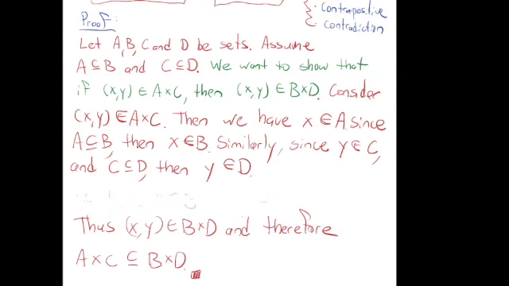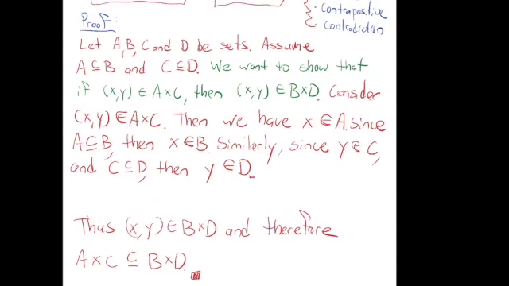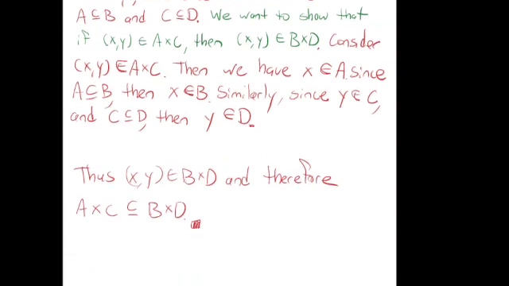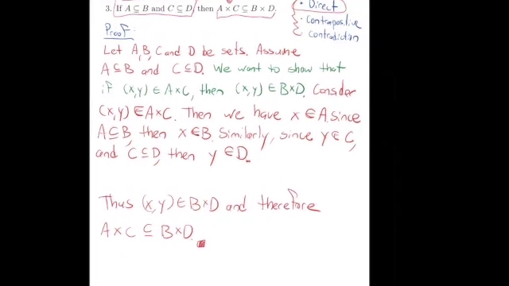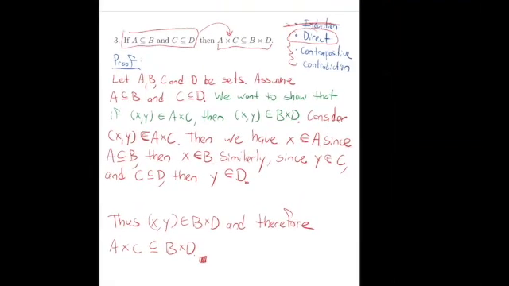And I can take this out now, and that bridges the gap. There's no logical step that would come in between that and what we were hoping to get in the end. So once I've shown that X is in B and Y is in D, it's pretty safe to say thus XY is in B cross D. And again, this sentence in green, you don't need to put in there.